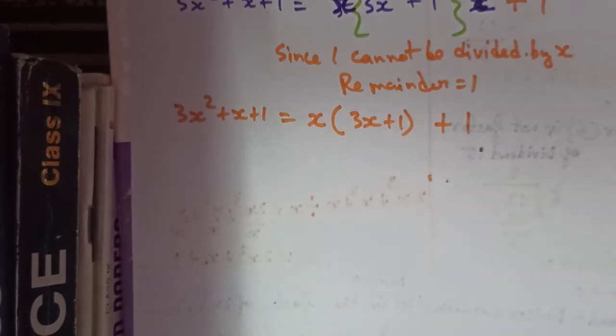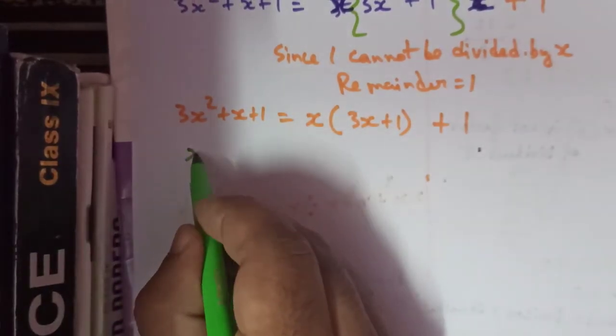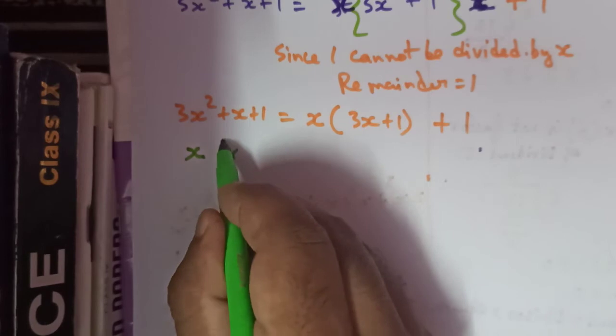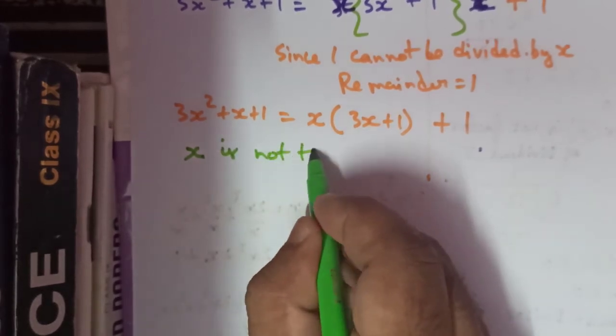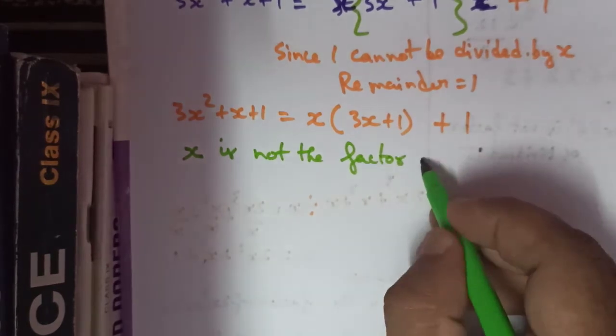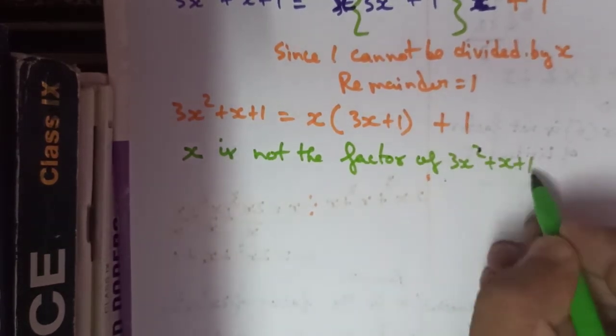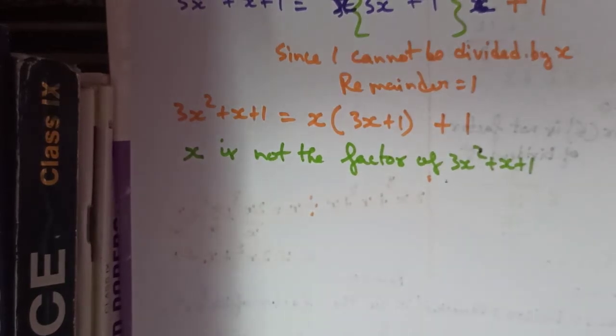So if we are getting a remainder, what can we say about the divisor? We can say that the divisor x is not the factor of the polynomial 3x square plus x plus 1.